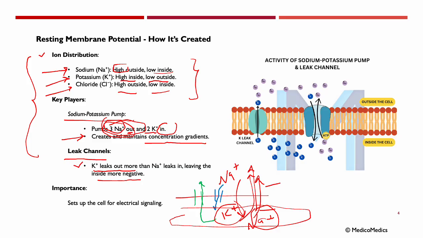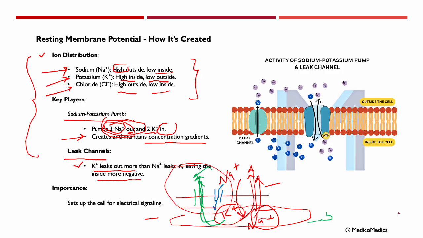But another way to maintain more negativity inside of the cell, as just mentioned, are these leak channels, whereby, let's say there is a 1-to-1 between sodium and potassium every minute, but every 30 seconds, potassium also gets out of the cell through these leak channels. What would then happen?